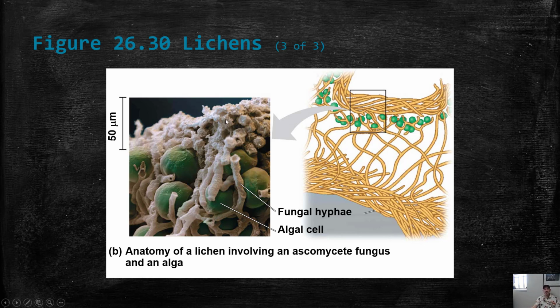And here we see a mutualistic relationship between fungus and, in this case, algae or sometimes cyanobacteria, some kind of photosynthetic organism. And the photosynthetic organism makes sugars. The fungus provides a moist environment for those organisms to live in. And we call this relationship lichens.